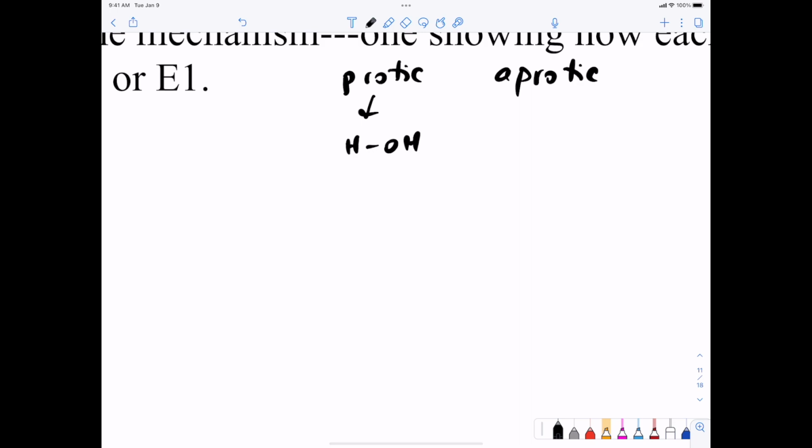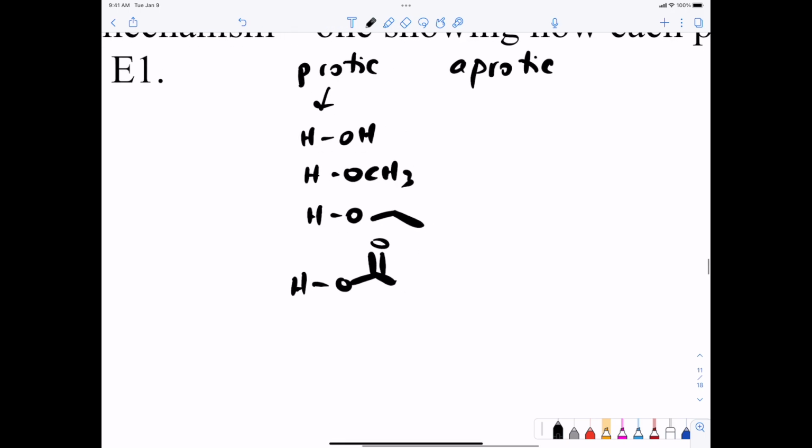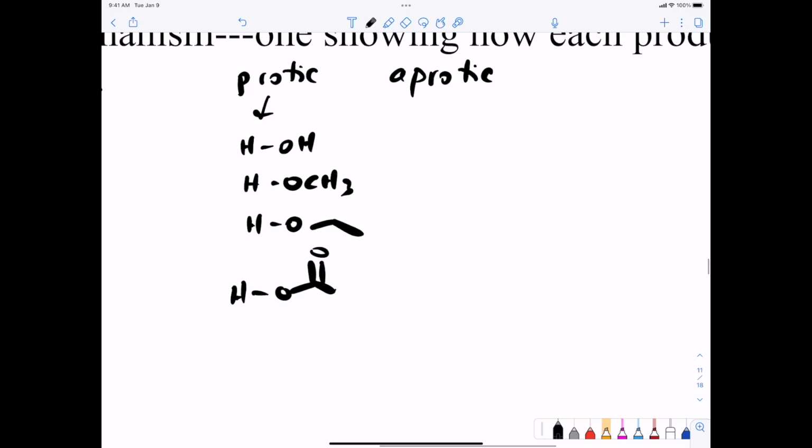So water, let's see, an alcohol of some kind. Sometimes people use acetic acid as a solvent. And whereas aprotic solvents are solvents that don't have acidic protons. So hexane is one of them. Ethyl acetate is another.